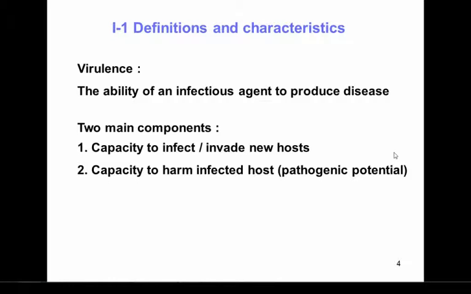There's the ability to infect and invade new hosts and the capacity to cause damage to the host. So a highly pathogenic bacterium has got to have both, okay? Something can be highly infectious but not very dangerous. They can be very efficient for infecting people, but perhaps not really too nasty once you do get infected.